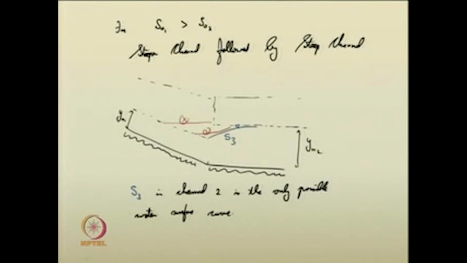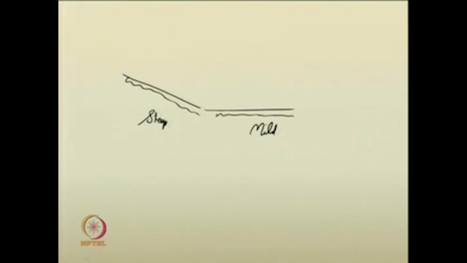You can also visualize a situation where a steep slope is followed by a mild slope. I am just telling you now, when you go back home, you just visualize what are the various types of profiles that can be possible when flow is occurring from a steep channel to a mild channel.